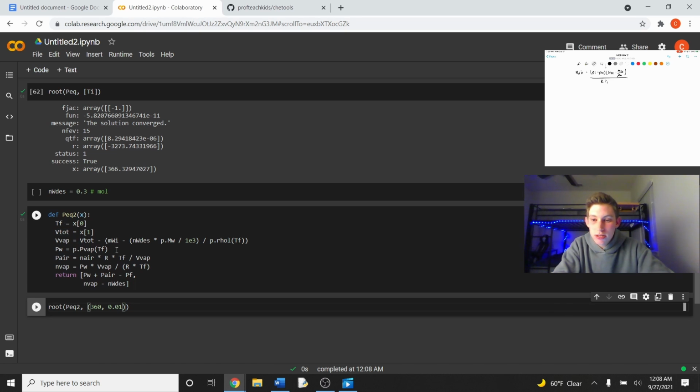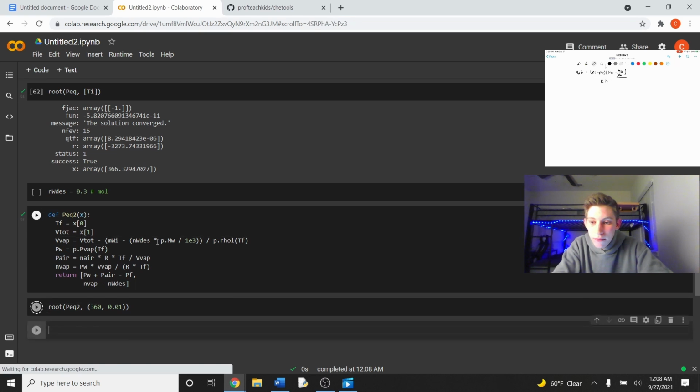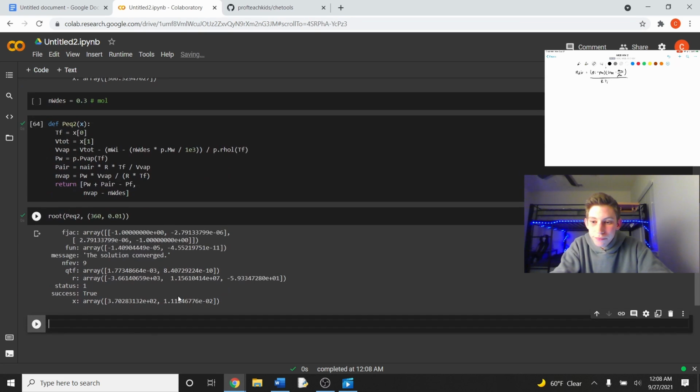And then now we can see how this looks. I want to make sure that I have my parentheses correct. Just caught that right there. So it looks like our final temperature is around 370 Kelvin, and our total volume is similar to our first one at 0.011 meters cubed.